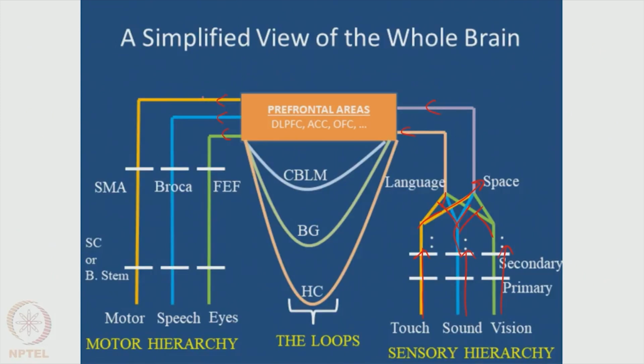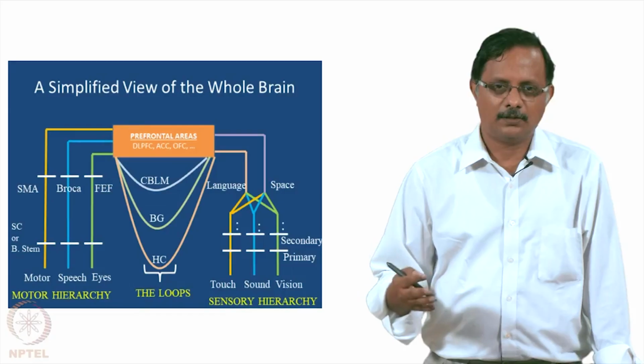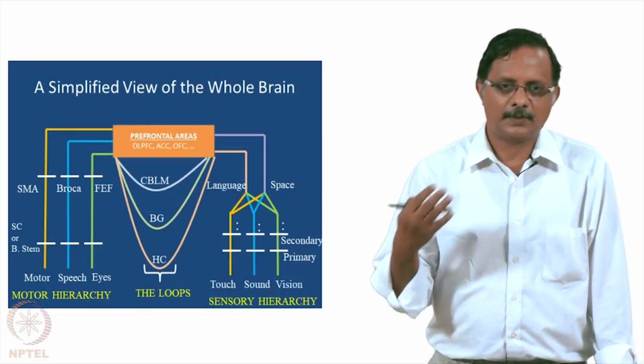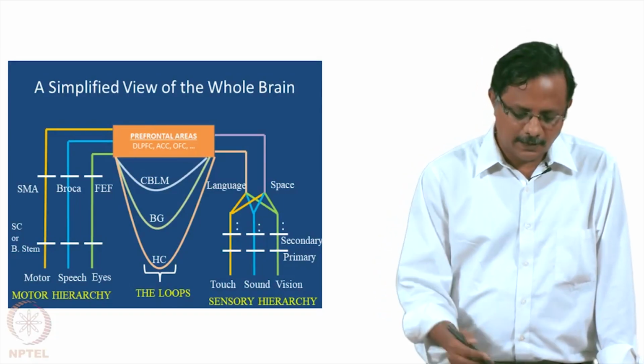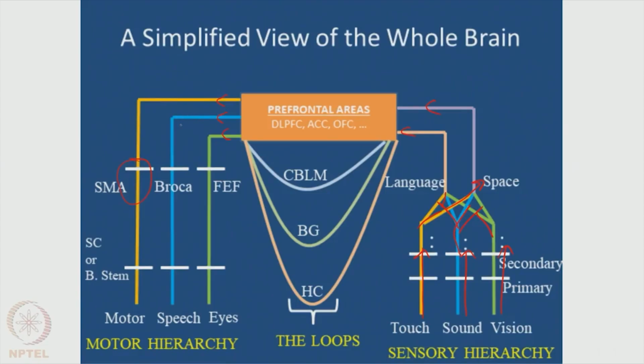You have the skeletal motor pathway, which is what we normally call the motor pathway, which goes to the supplementary motor area, and then through to the various motor cortical areas, and then down to the brainstem or spinal cord and produces movements of the extremities and of the axial muscles and things like that. The other pathway is related to speech output, and this activates Broca's area and produces speech. The third pathway in this picture refers to the movement of the eyes, or saccadic movements.